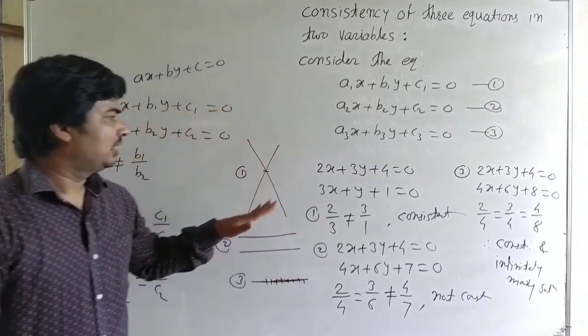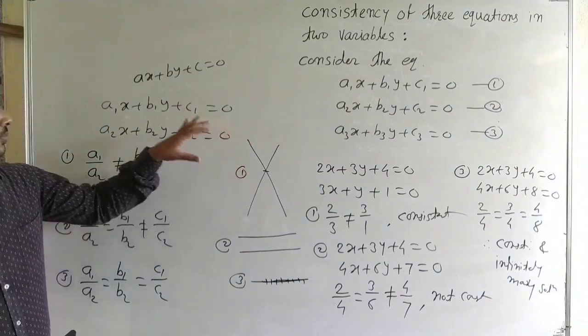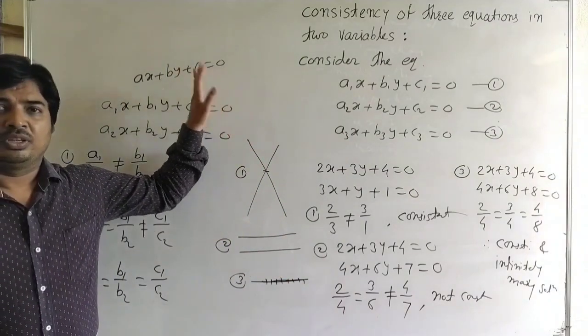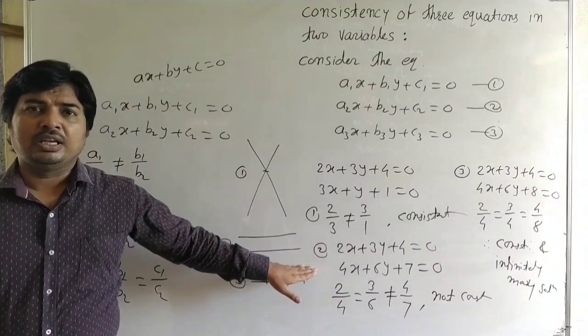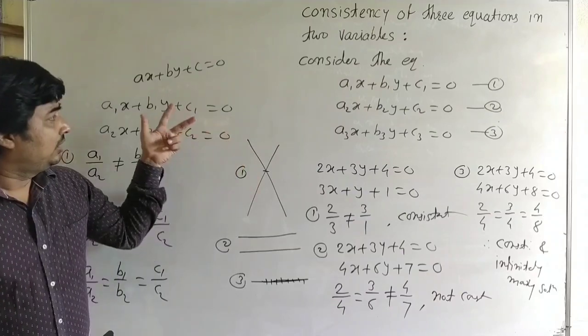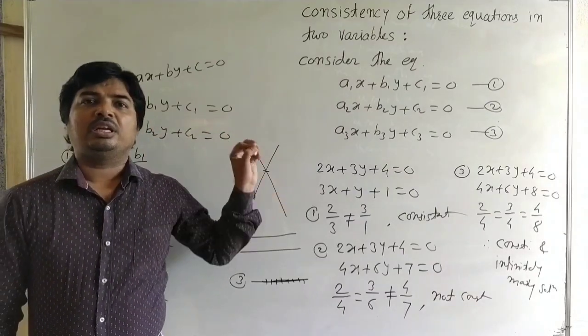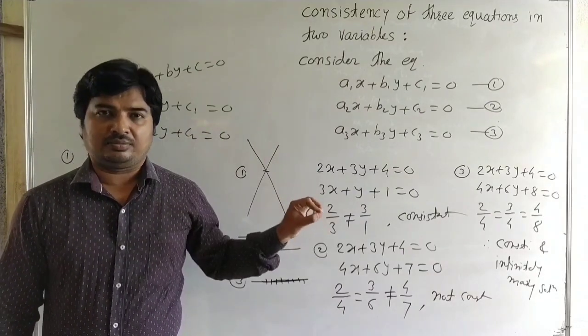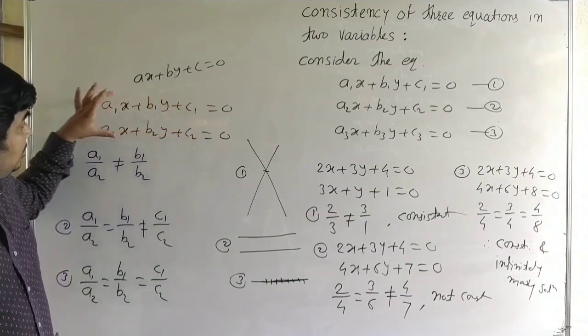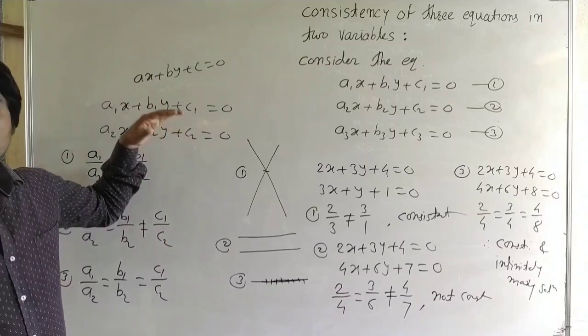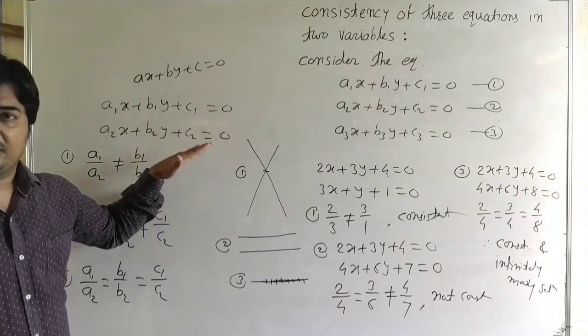Okay, see carefully here. These are the three conditions. If two lines in a plane intersect each other, or are parallel to each other, or are coincident. Okay, if the two lines have a common solution, then the lines are consistent.